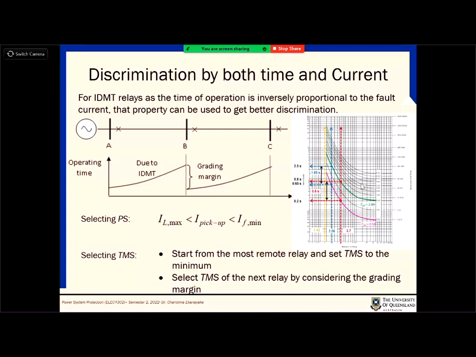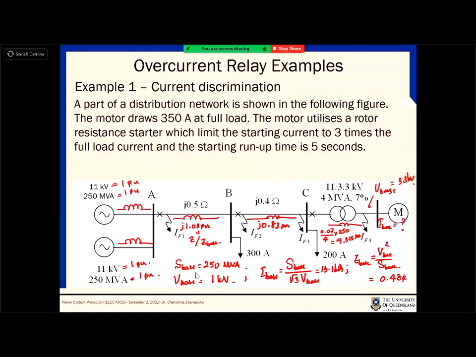If you look from the generator location, the most remote relay selects the lowest TMS, and then other TMSs are selected based on the grading margin, which we will discuss.